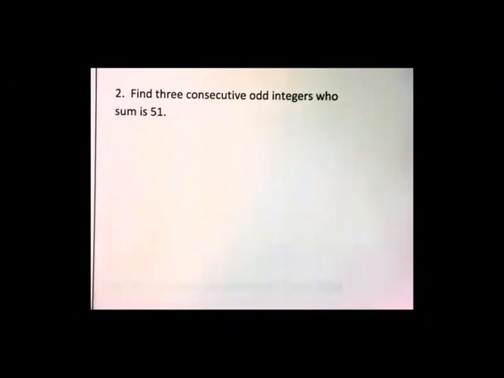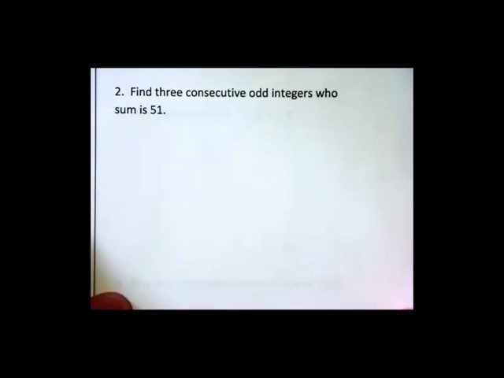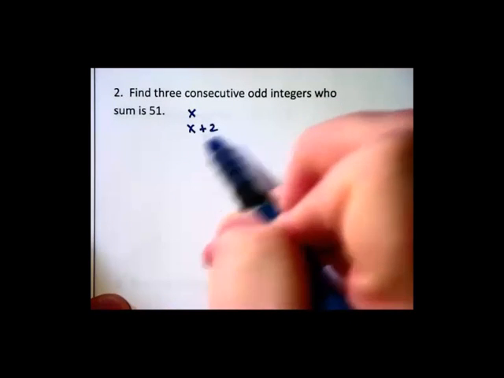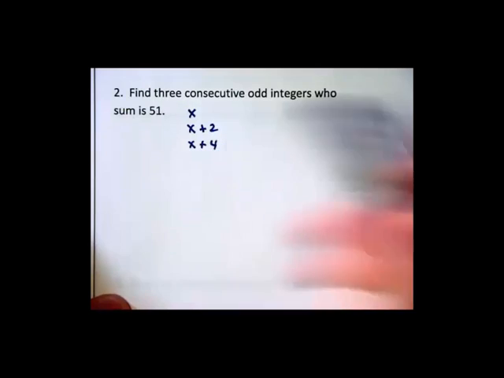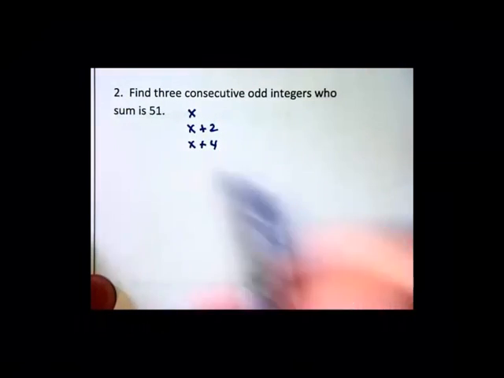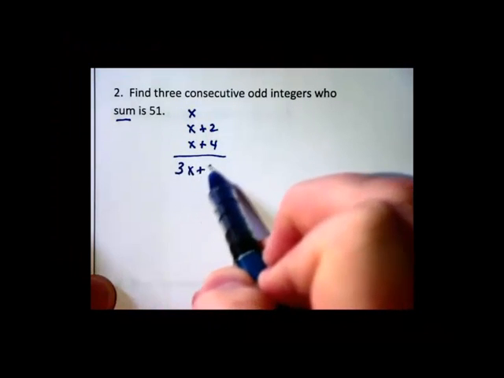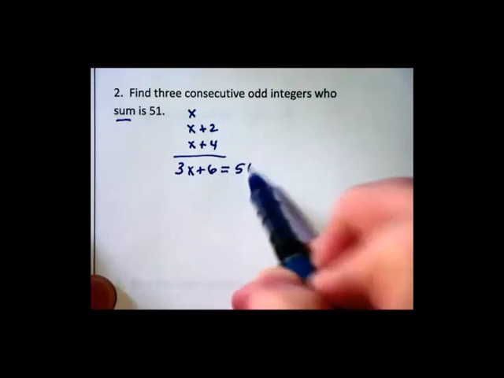Okay, let's try another. Find 3 consecutive odd integers. We're going to represent those algebraically as x, x + 2, and x + 4. And this time we're finding their sum, and their sum, 3x + 6, is 51.